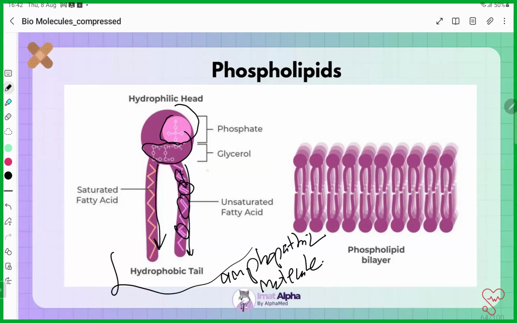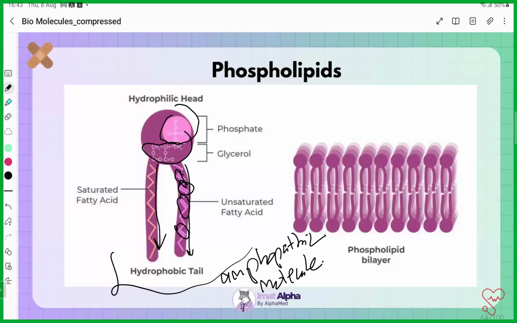So these two are hydrophobic, and we said before in the amino acids, in the protein structure, in the carbohydrates, even in the lipids, whenever we have an aliphatic molecule, the hydrophobic part is always on the inside, and the hydrophilic part is always on the outside, because the hydrophobic parts are protected from water by the hydrophilic head.